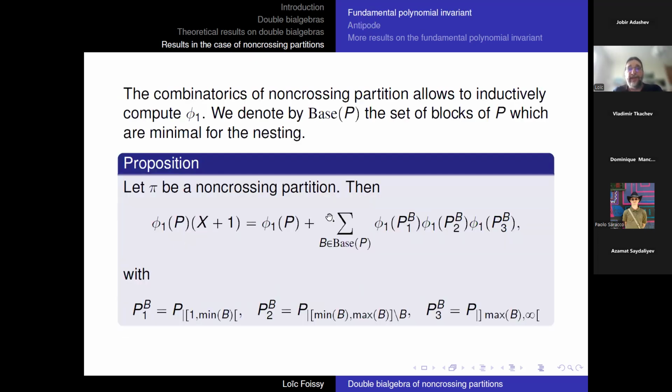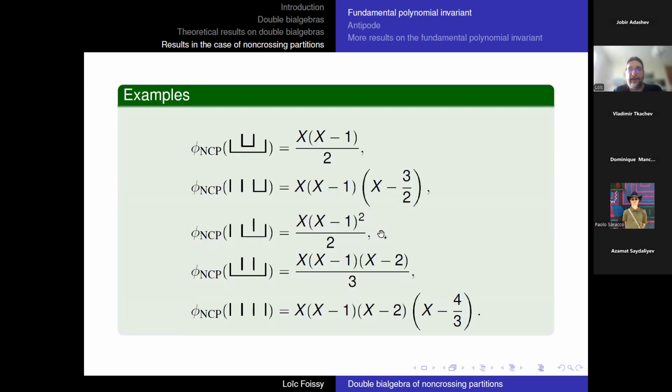We can do this like this. You take x equal to minus 1. This gives you phi1 of p at 0, so this is 0. This is what you are looking at, mu of p, and you can compute mu by induction.